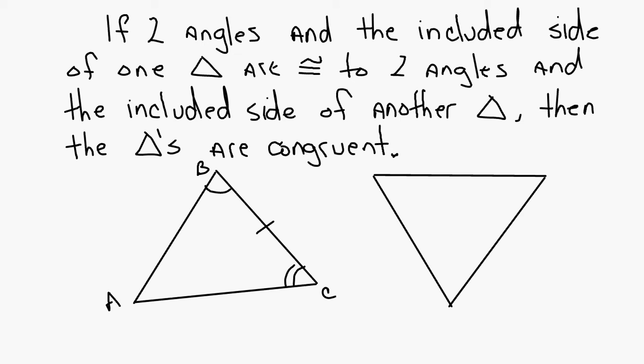That makes it an included side. It's the side in between the two congruent angles. And that has to be the case here: congruent to an angle, included side, and angle of another triangle. Then the two triangles are congruent. The key is that it has to be the included side. Got it?